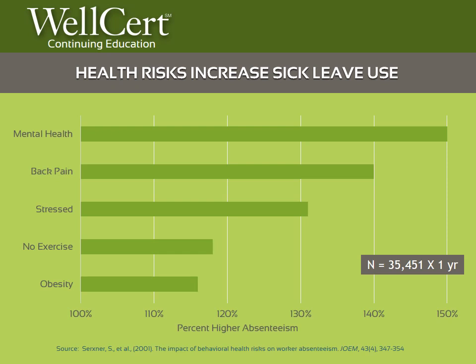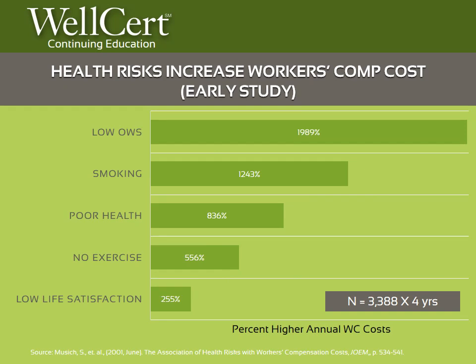So this data showed us also that it's not just health plan costs that health risk issues drive, but also sick leave. Here's data which also dealt with workers' comp. It's from the Health Management Research Center, Dee Eddington and Shirley Musich. And it looks at the relationship of a low overall wellness score. That's what OWS stands for.